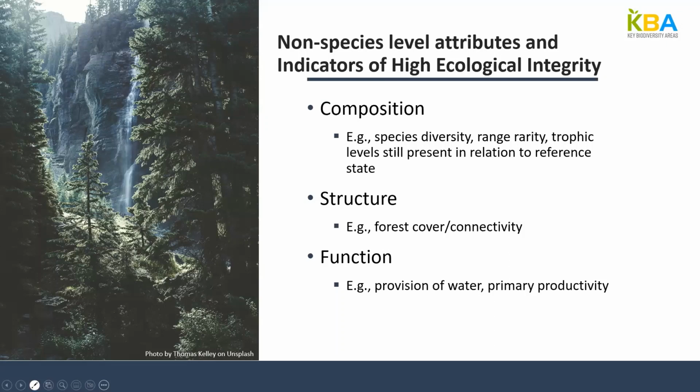And then finally, for function, you could compare the primary productivity of the site that you're proposing to the primary productivity of a high integrity reference state in the ecoregion. So basically, there are a lot of options. This is why it is critical that you spend a lot of time in the beginning identifying measurable, relevant indicators.